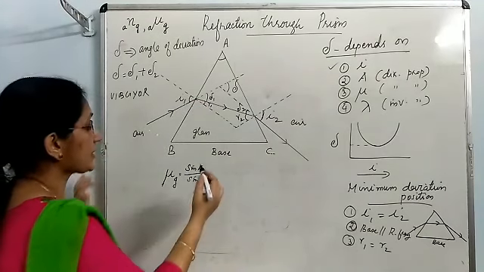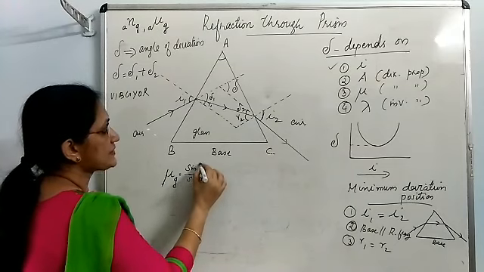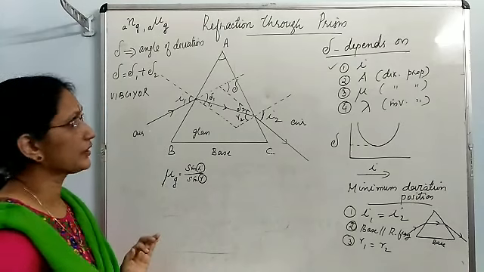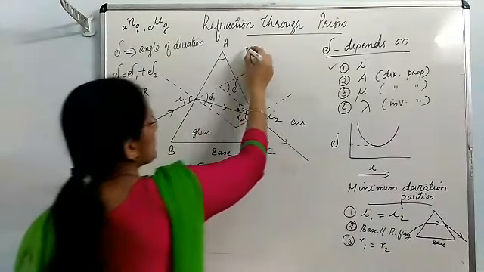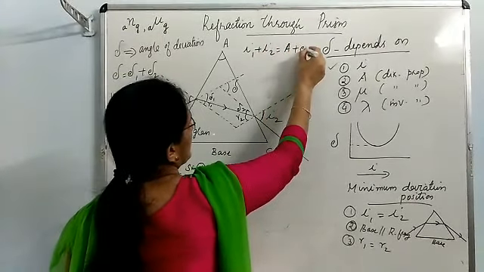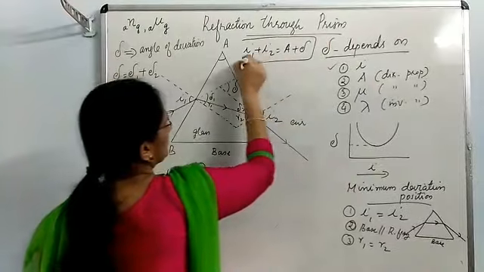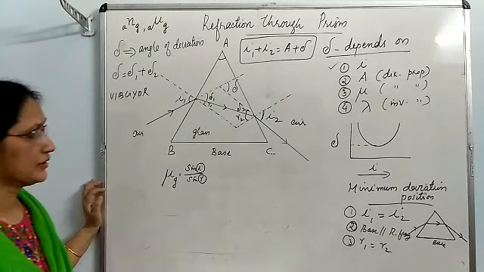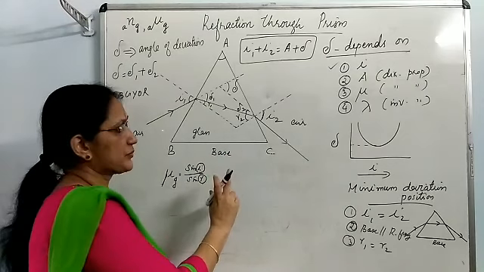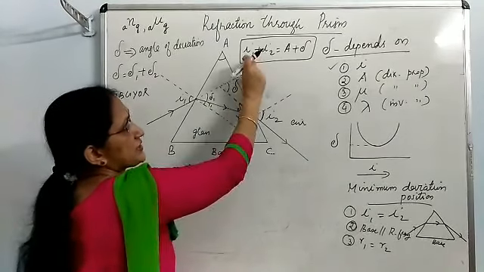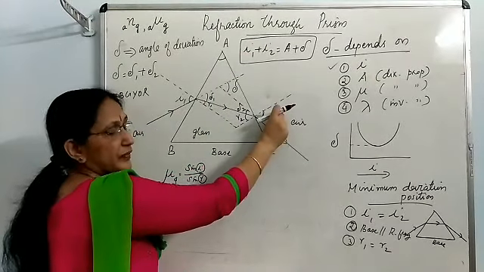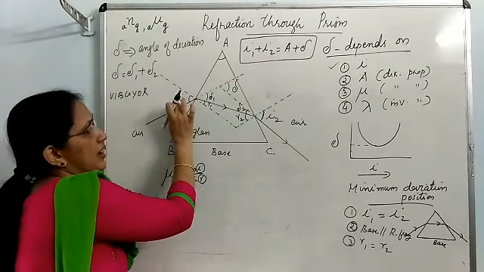Then, in this case, I am going to replace this I and R. The formula for the prism is I1 plus I2 is equal to A plus delta. We are considering the minimum deviation position. In minimum deviation position, I1 and I2 both are equal, so I am giving the symbol I here.